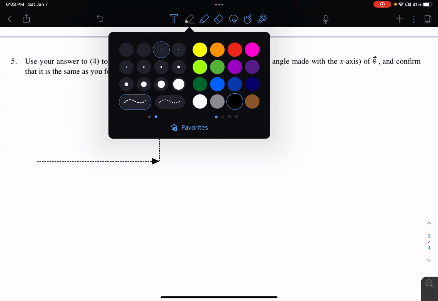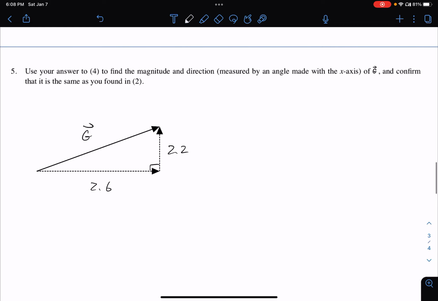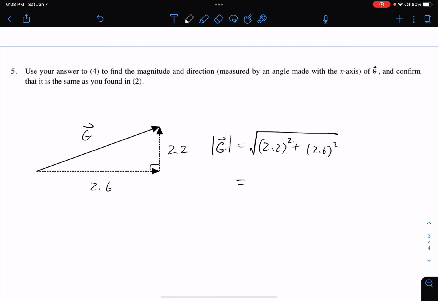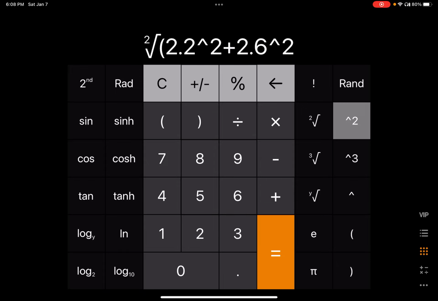So if the y component is 2.2 and the x component is 4.6, we can get the length of this arrow using the Pythagoras theorem. So we sum the square of these two numbers and then take the square root. 2.2 squared plus 4.6 squared.